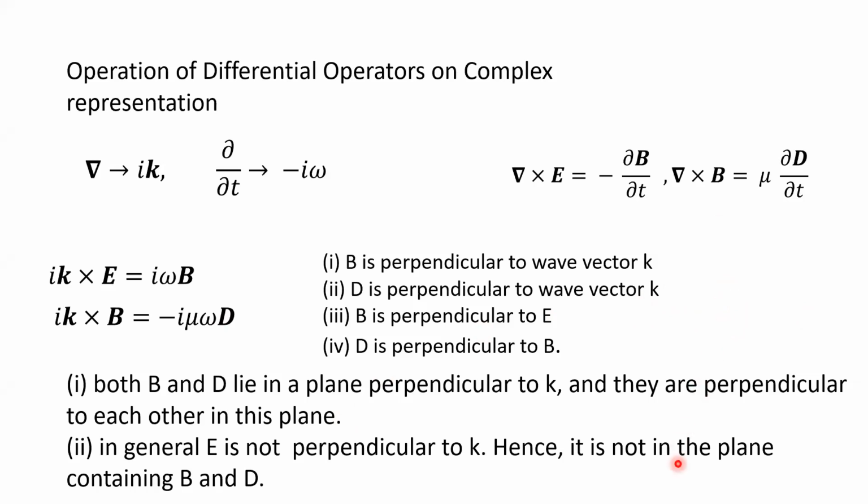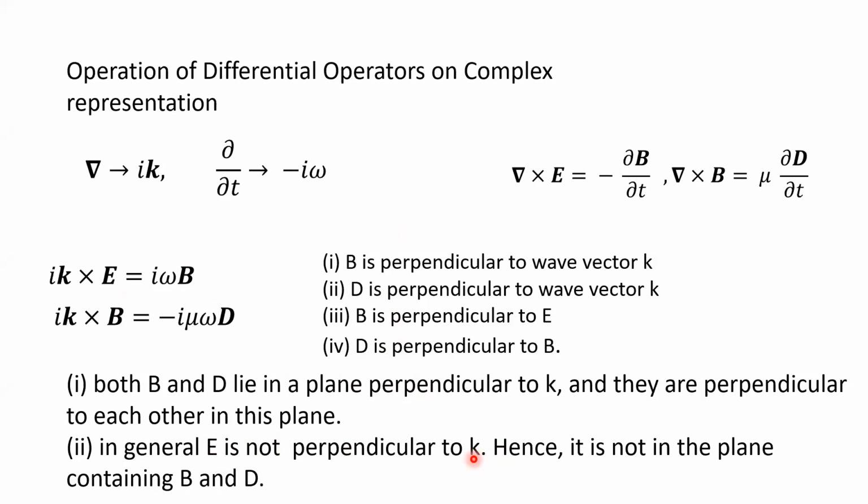Now this is important, which is different from what you would have known from propagation of EM waves in isotropic media. Notice that you cannot say anything about the relationship of E to K. There's no equation which says that E is perpendicular to K. We have other relationships of perpendiculars, but E is not necessarily perpendicular to K. Furthermore, we know that for anisotropic media, D and E are not parallel.